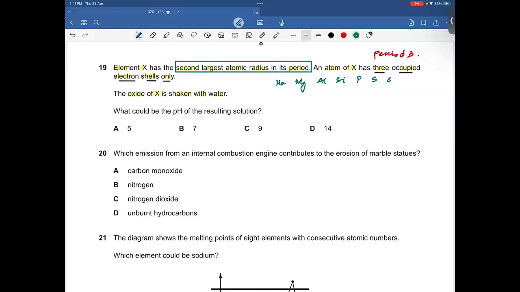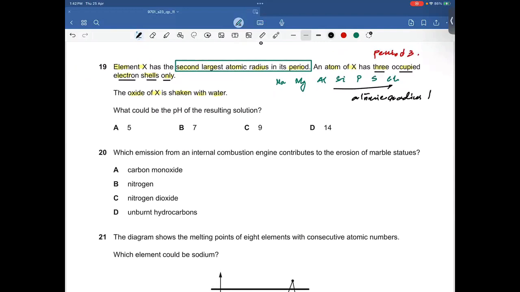These are the period 3 elements. The second largest atomic radius. So across the period, atomic radius decreases, which means chlorine has a smaller atomic radius than sodium. So the examiner is saying second largest atomic radius, which means this is the second largest atomic radius.